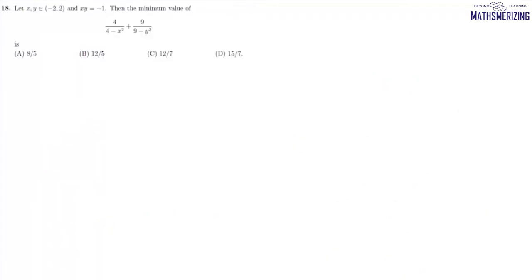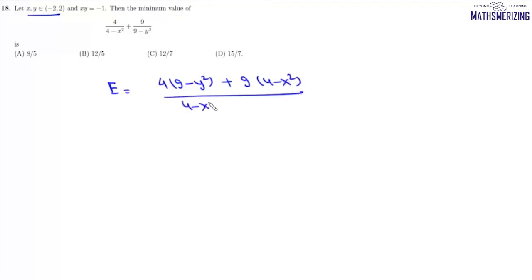Now here the question is, let x, y belong to (-2, 2) and x into y is -1, then we need to find the minimum value of this expression. Now suppose this is E, and we can write this as 4 into (9 - y^2) plus 9 into (4 - x^2) upon (4 - x^2) into (9 - y^2).